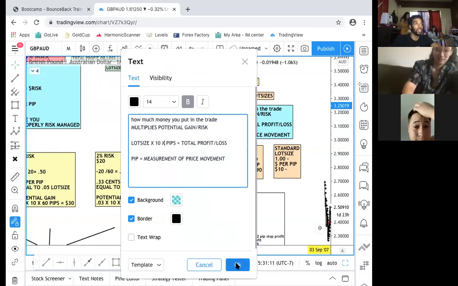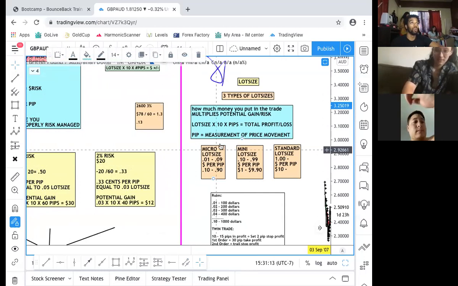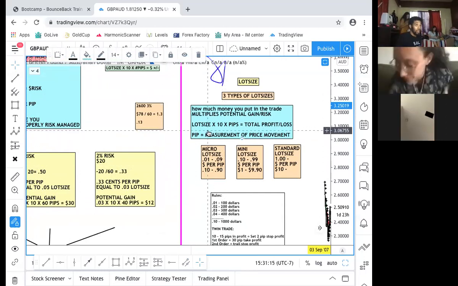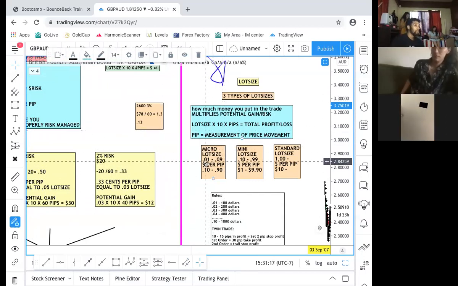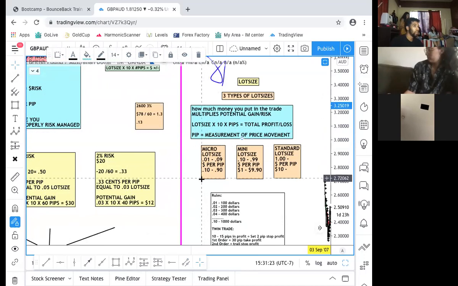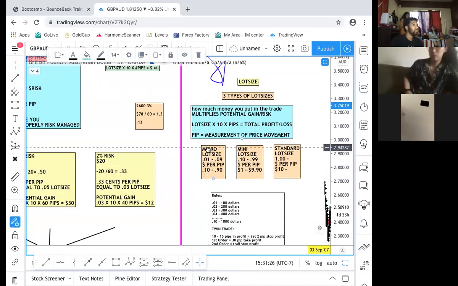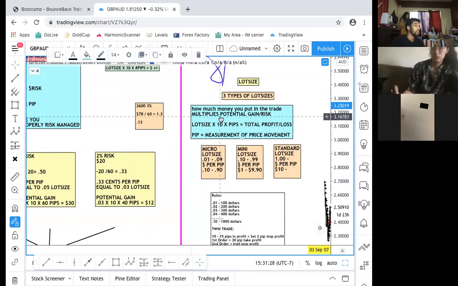Perfect. It's like that. And the reason why is because our lot size is 0.01. So 0.01 times 30 would equal, I believe, 30 cents. The reason we have to multiply it by 10 is to figure out how much we're making per pip for that lot size.